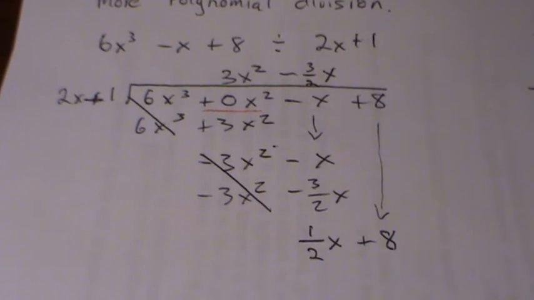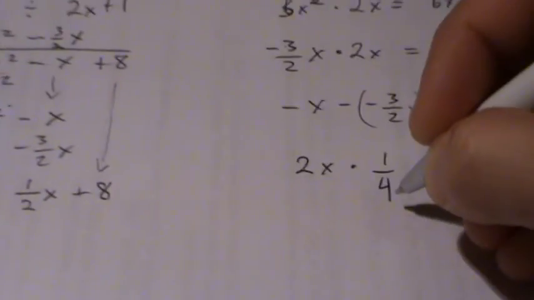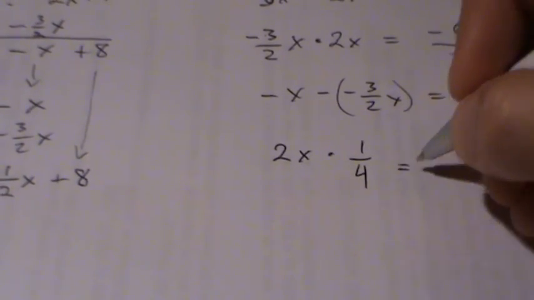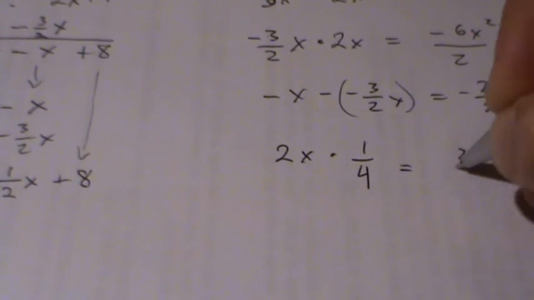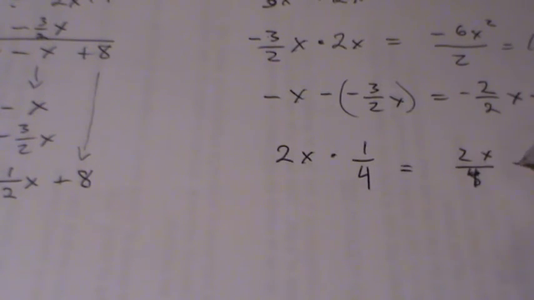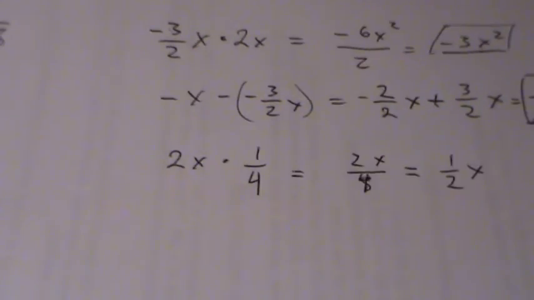Yes, 2x times 1/4 is 2x over 4, which reduces to a 1 half x.